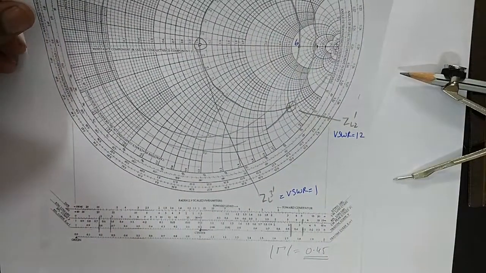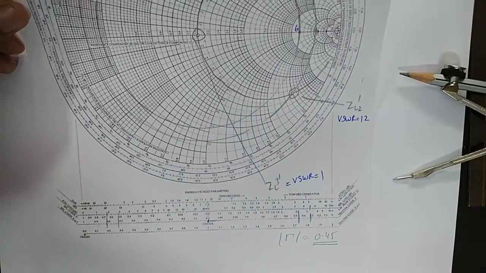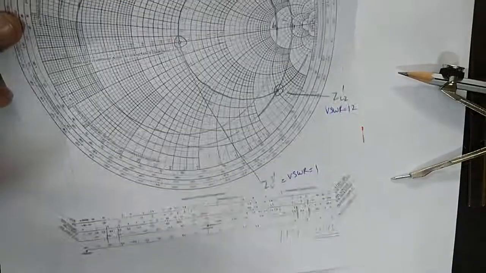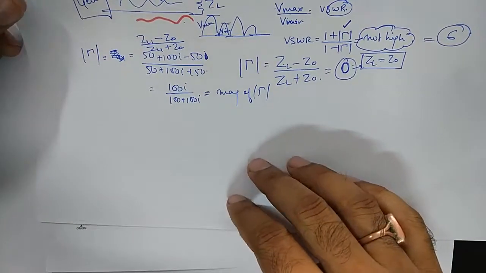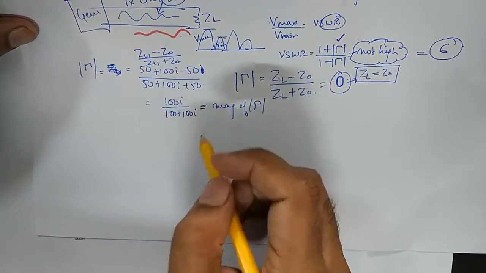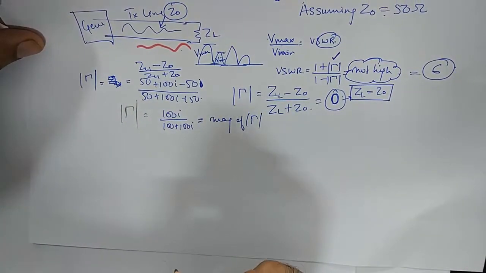And if we were to verify this with the help of formula and theory, we could do that too. For example, we have a case where we found the reflection coefficient as this.